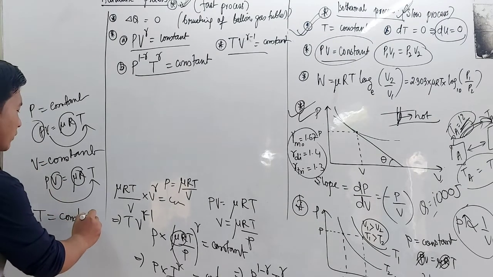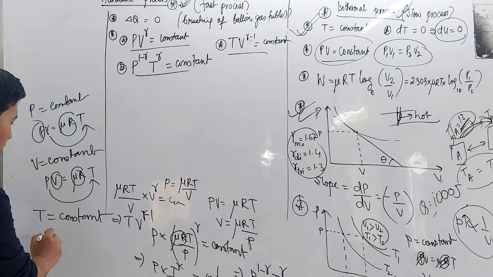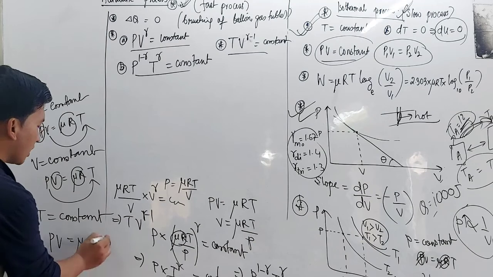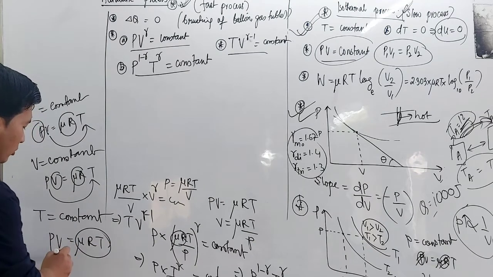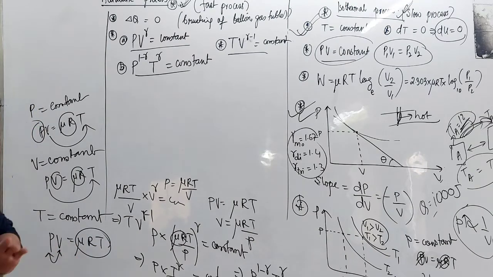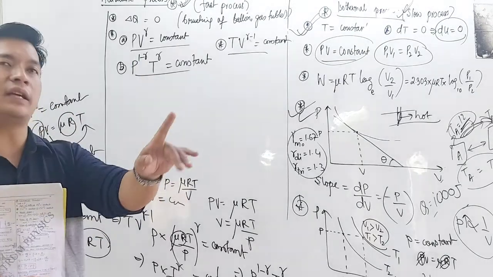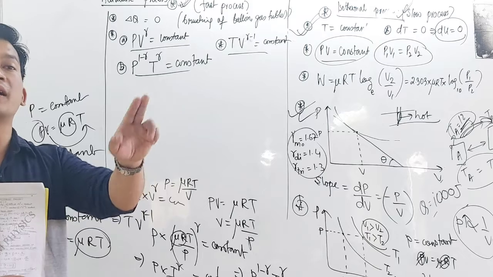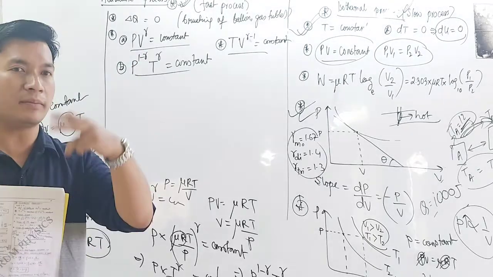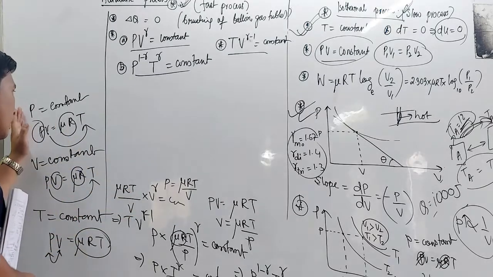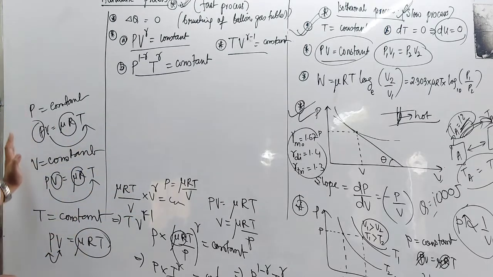Here PV is equal to mu RT, and this term remains constant, so pressure and volume are inversely related. Out of these three parameters, if one parameter is constant, then the other two parameters will have some relation, inverse or direct, for the isobaric, isothermal or isochoric process.